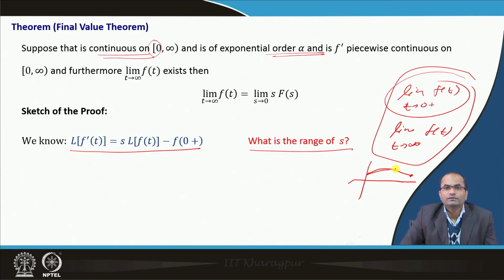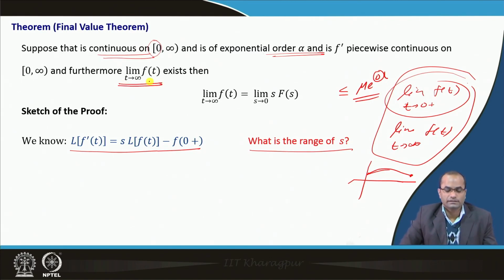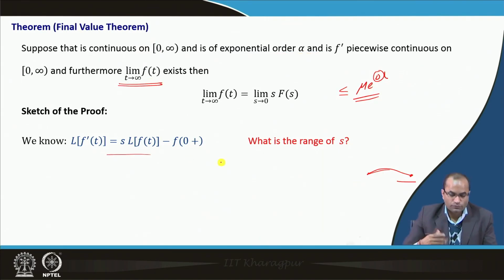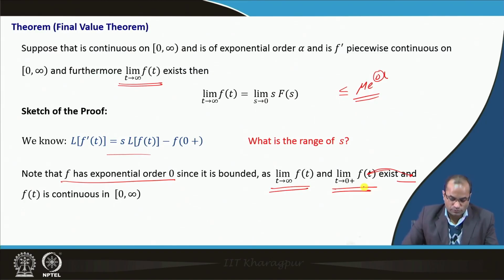So it is actually a bounded function, and once we know that, it can be bounded by M e to the power 0 t, which means the order will be just 0, because the limit of f(t) as t tends to infinity exists. So this result is valid for all s. F is of exponential order 0 since it is bounded: the two limits as t approaches 0 and as t approaches infinity exist, and f(t) is continuous.